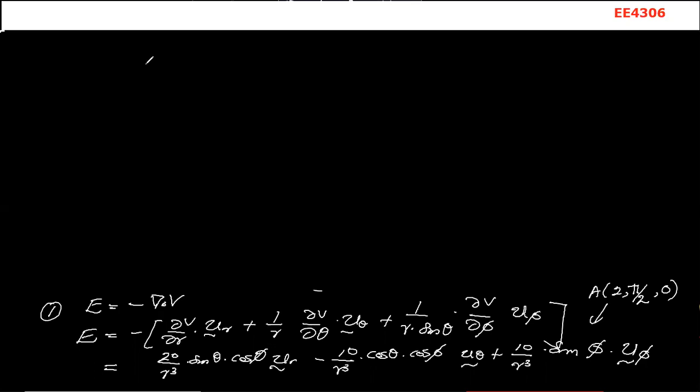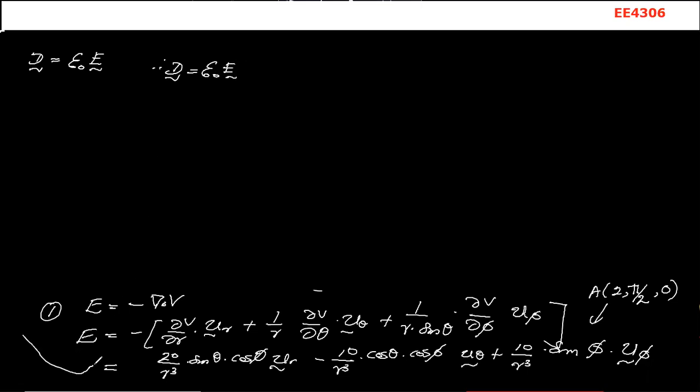As you know, the flux density vector D is permittivity into electric field intensity. Therefore, D you can write down.